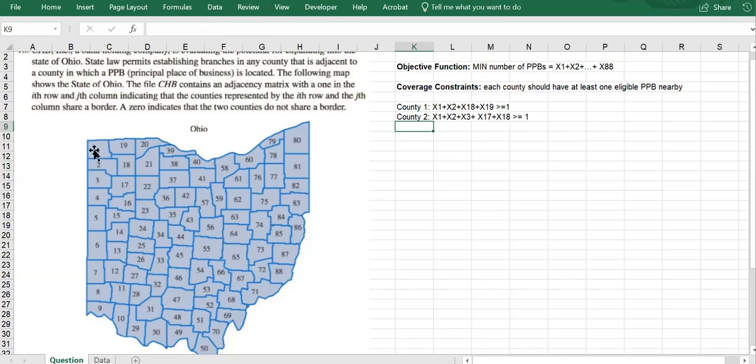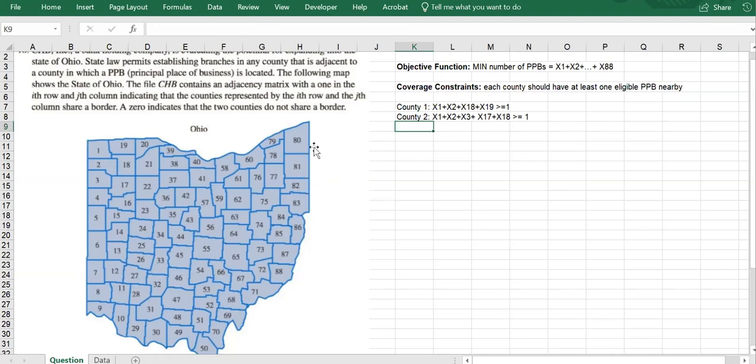So all the counties that are in proximity, the neighbors of county 2, including itself.